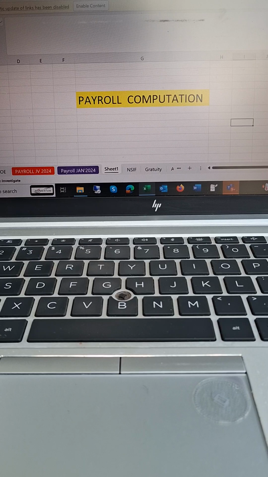Many entities, many organizations, many international organizations and INGOs need or require effective payroll computation.